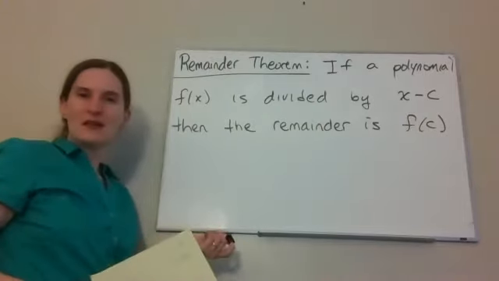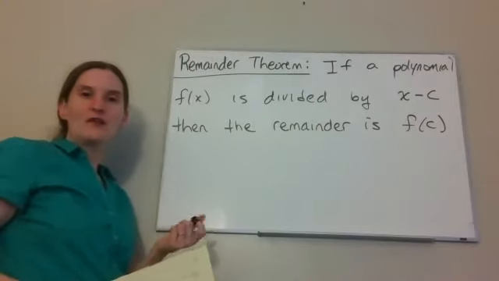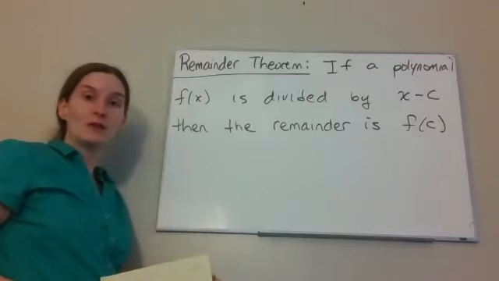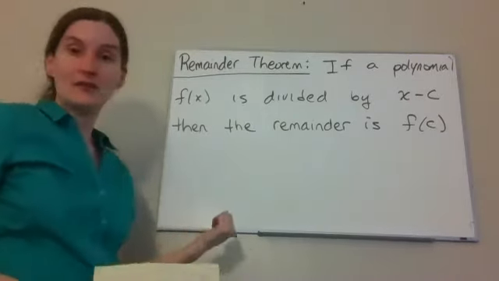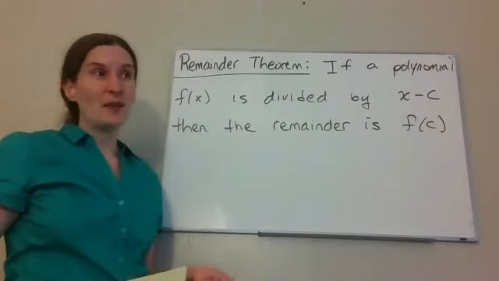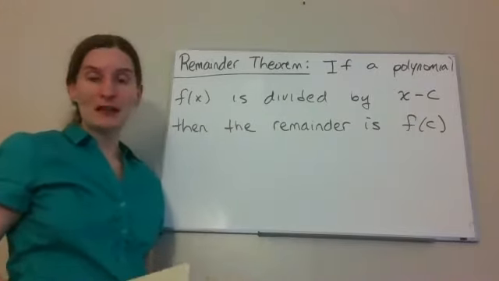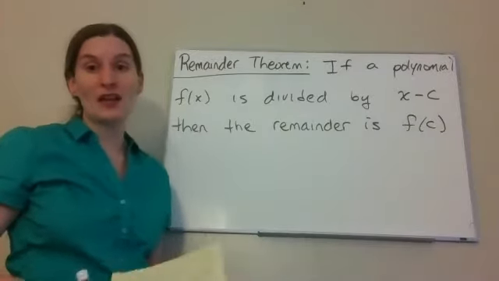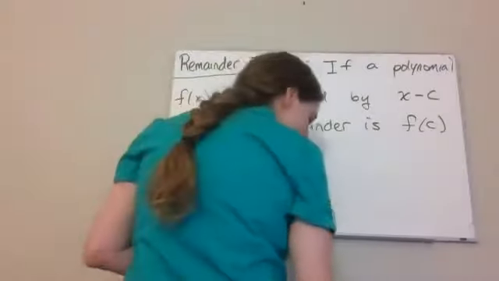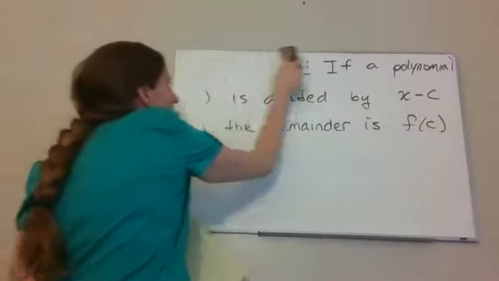So what this tells us is you can figure out the value of your function at a particular x value by using synthetic division and just looking at the remainder. And depending on the problem, it might be quicker to do it with synthetic division rather than just plugging in the number directly. So let's do an example using this remainder theorem.